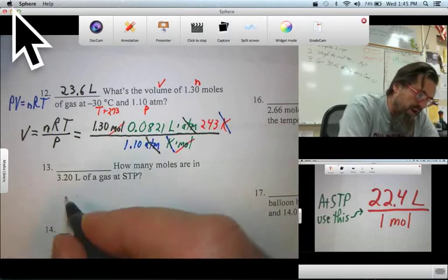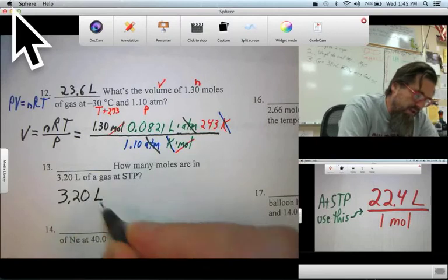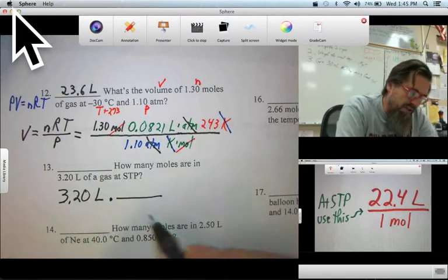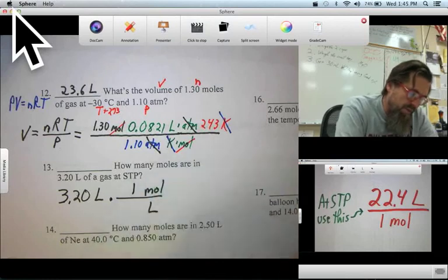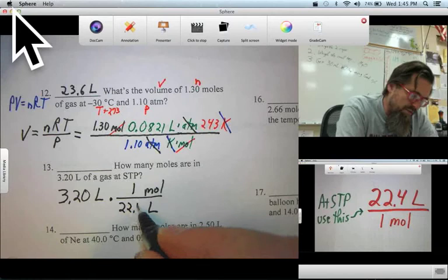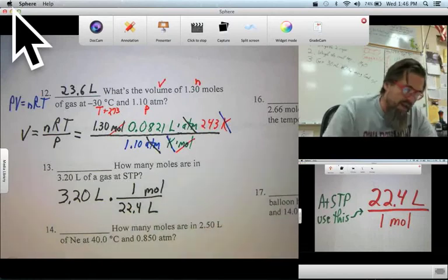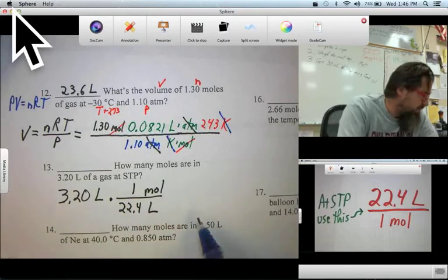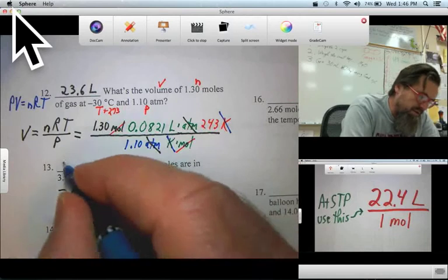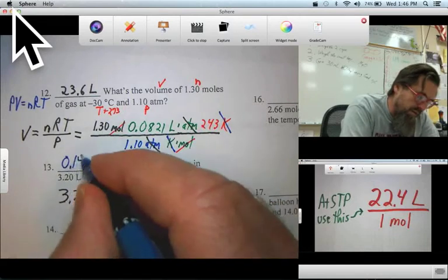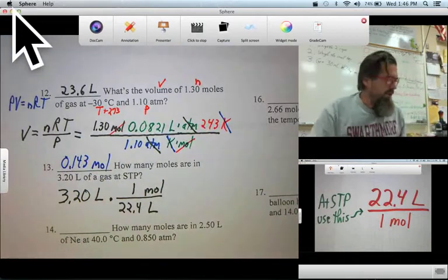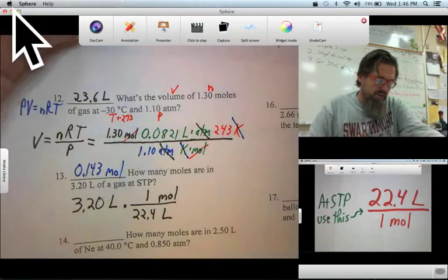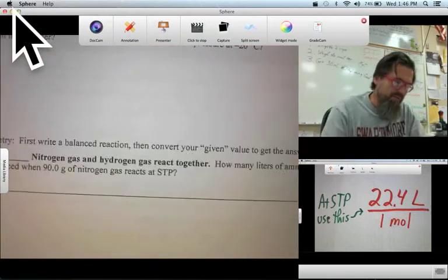We take our 3.20 liters, multiply it by a conversion factor, get out of liters into moles, and 1 mole at STP is 22.4 liters. And doing the math, that comes out to 0.143 moles.